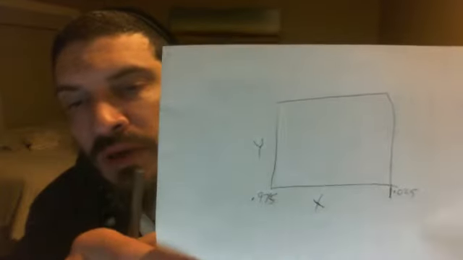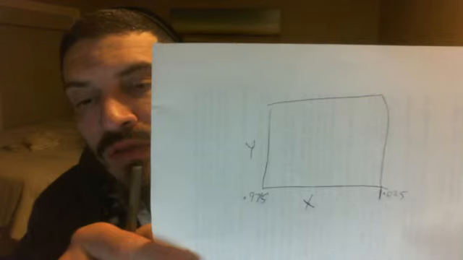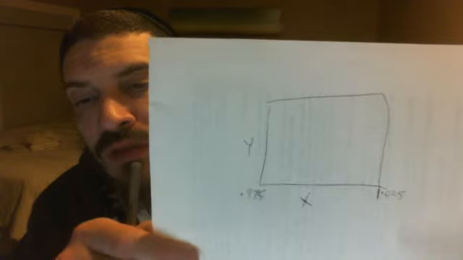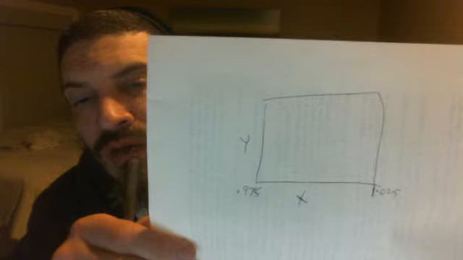Okay, here I made a drawing. X goes from 0.975 to 1.025. That is the first cake, and Y also has the same uniform distribution.